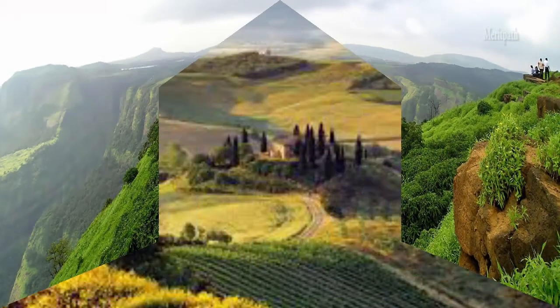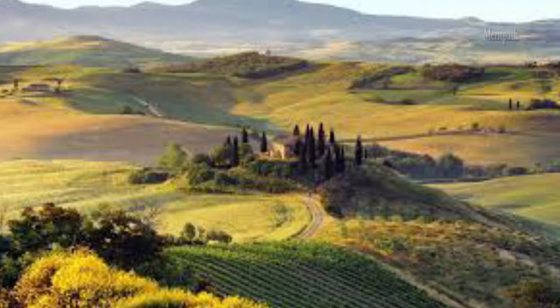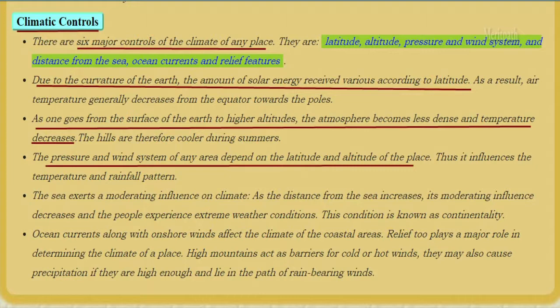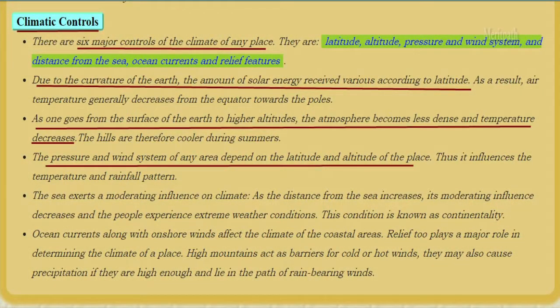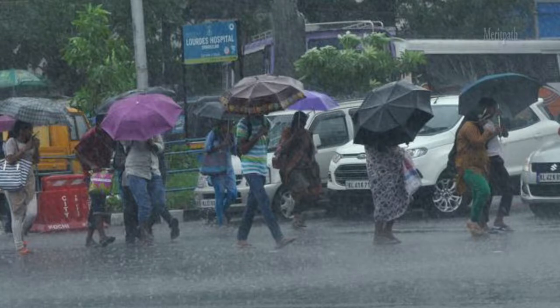Therefore, the hills are cool during the summers. As height increases, temperature decreases. The pressure and wind system of an area depends on the latitude and altitude of that place. Thus, it influences the temperature and also the rainfall pattern.